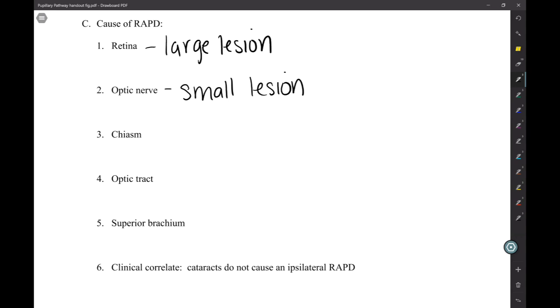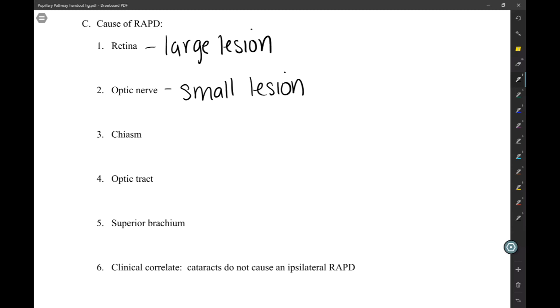If the retina and the nerve look normal, but the patient has a relative afferent pupillary defect, they most likely have an optic neuropathy. A subtle retinal lesion will not cause a relative afferent pupillary defect. Undoubtedly, if a relative afferent pupillary defect is due to retinal disease, the retinal disease will be significant enough that you will see the lesion.